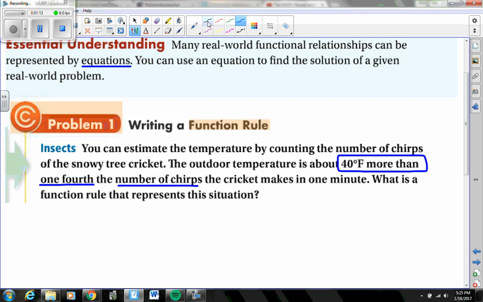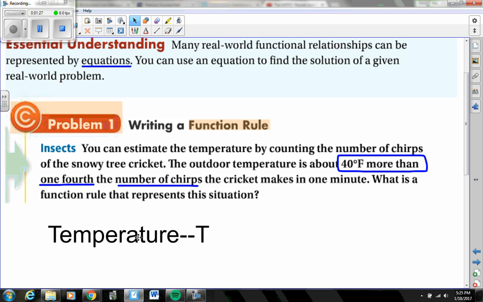A couple things that we need here to write a function rule. We need our two variables. One variable is the temperature, which I'm going to use a capital T to represent, T for temperature.